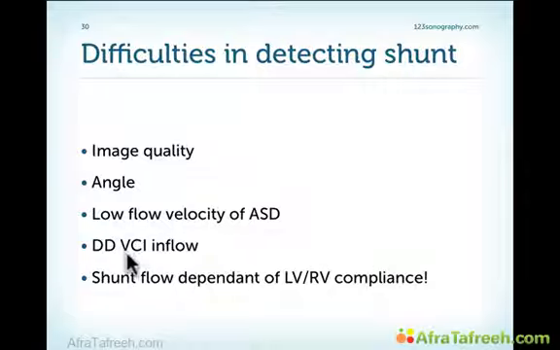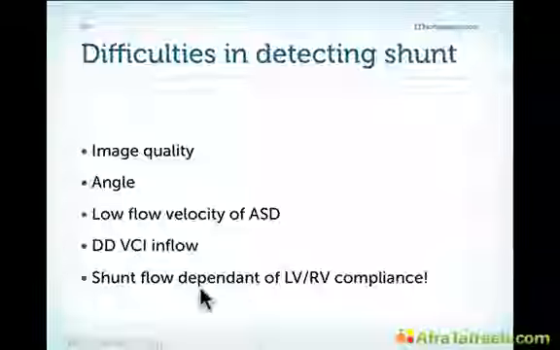There may be problems with a predominant inflow from the inferior vena cava, and this can frequently cause a misdiagnosis of an ASD, but can be avoided by careful positioning of the transducer and looking carefully at the flow, whether it's really coming from the left atrium or whether it's only parallel to the septum, coming from the IVC up to the tricuspid valve.